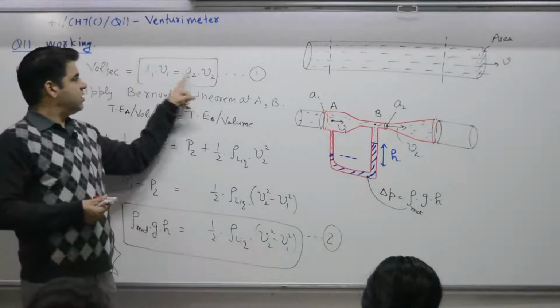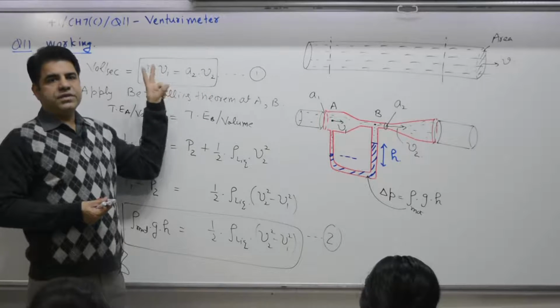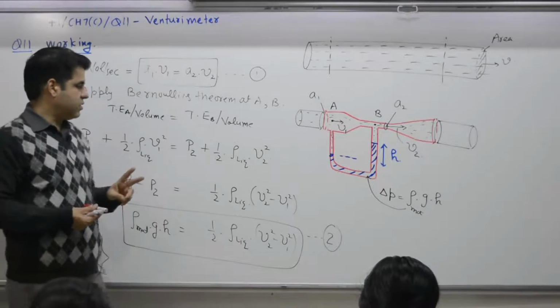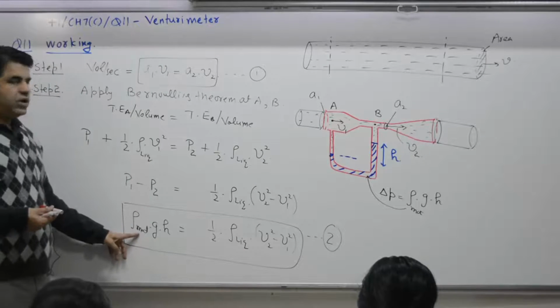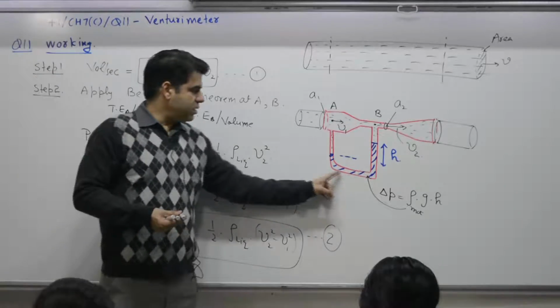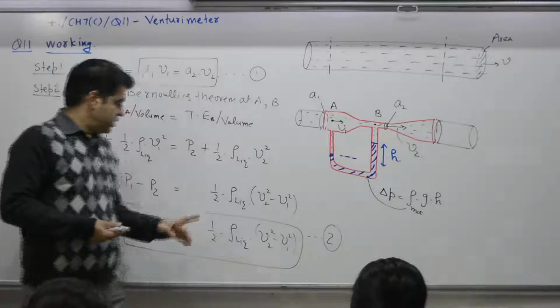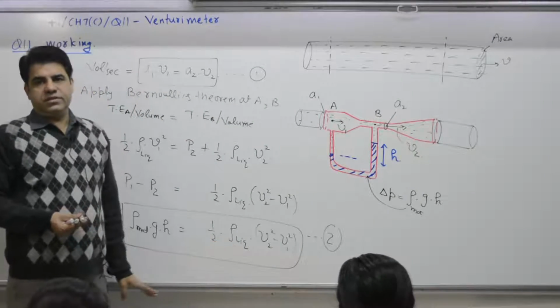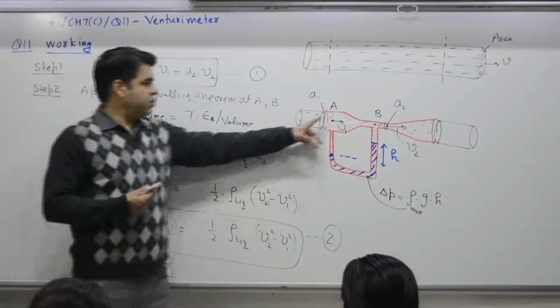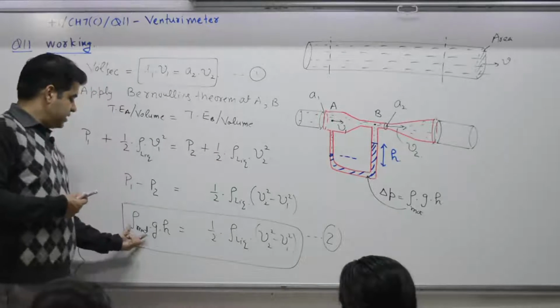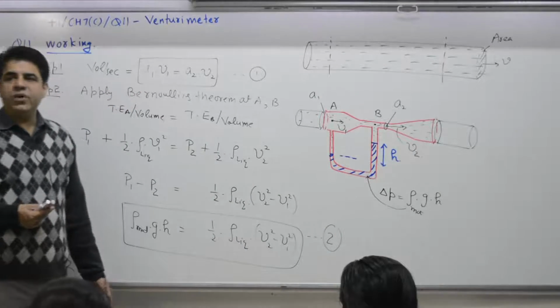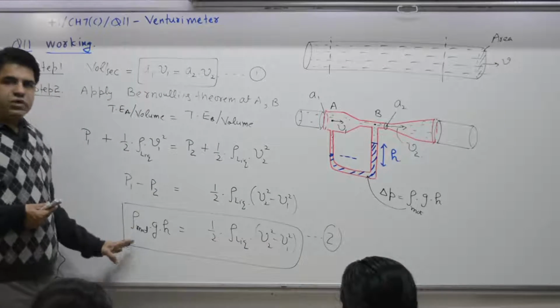How many unknowns? Two unknowns, V1 and V2. In this one, the density of the blue color material is also given. The density of the liquid is also given. Suppose this is water, this is mercury. Then this density is how many times? 13.6 times. This value is given.